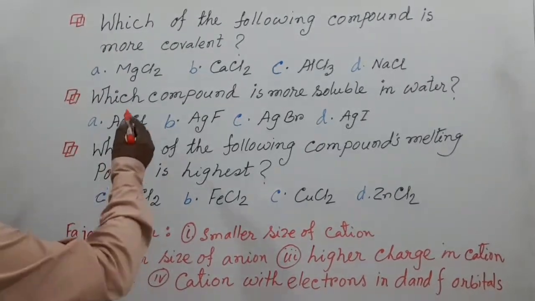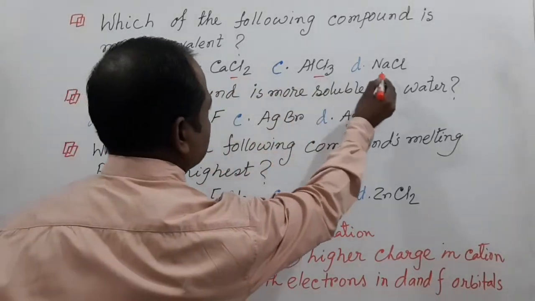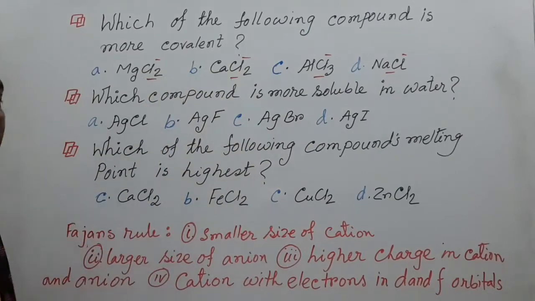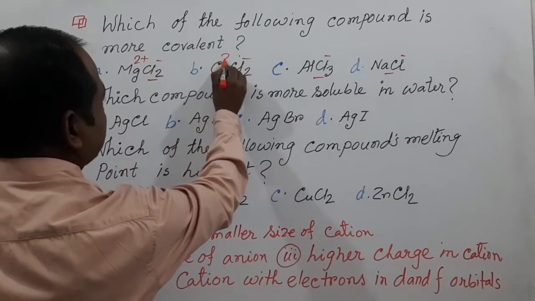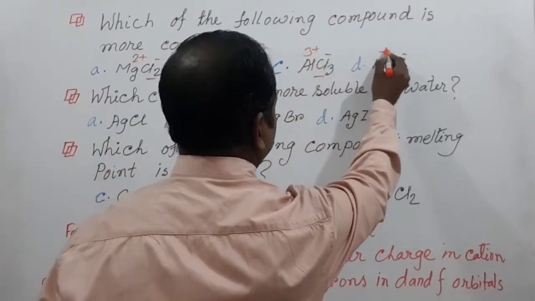Now, if we see these compounds, all the anions are the same, but for cations, here we have magnesium 2 plus, calcium 2 plus, aluminum 3 plus, and sodium plus.